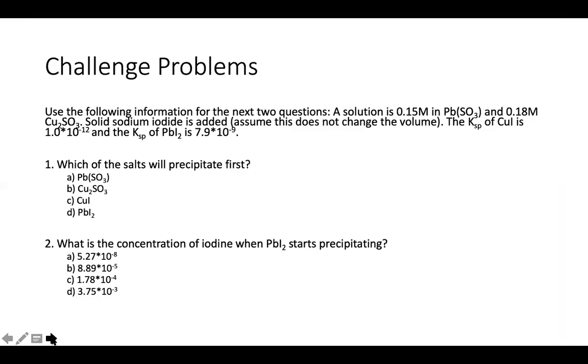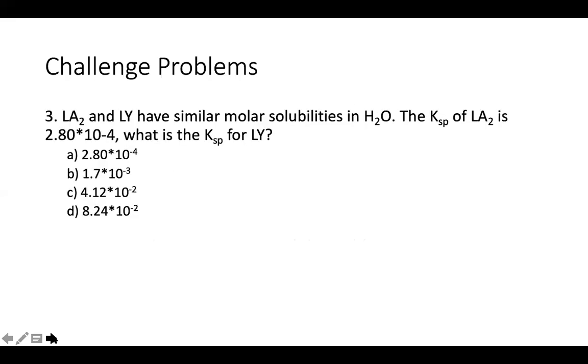So here's a selective precipitation problem. It's 2 parts based on the same prompt. This third multiple choice question, I think I changed the numbers, but it was on an exam way back when.